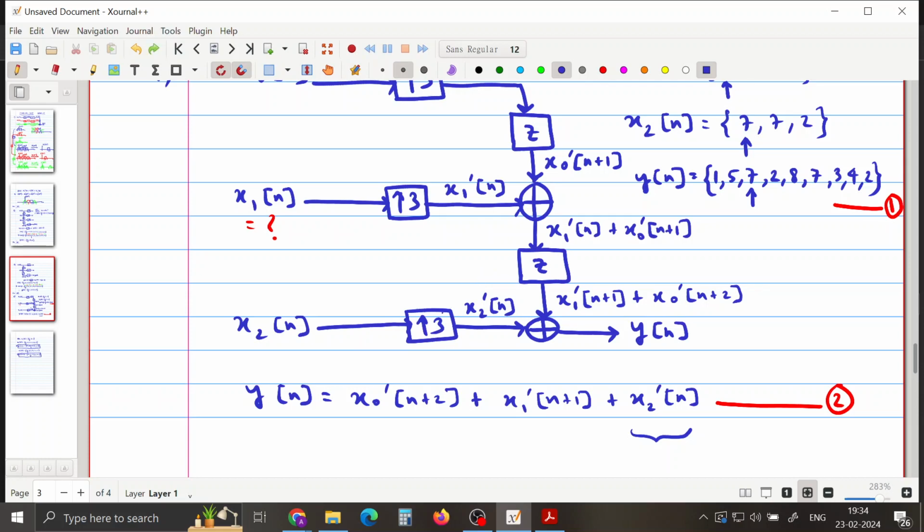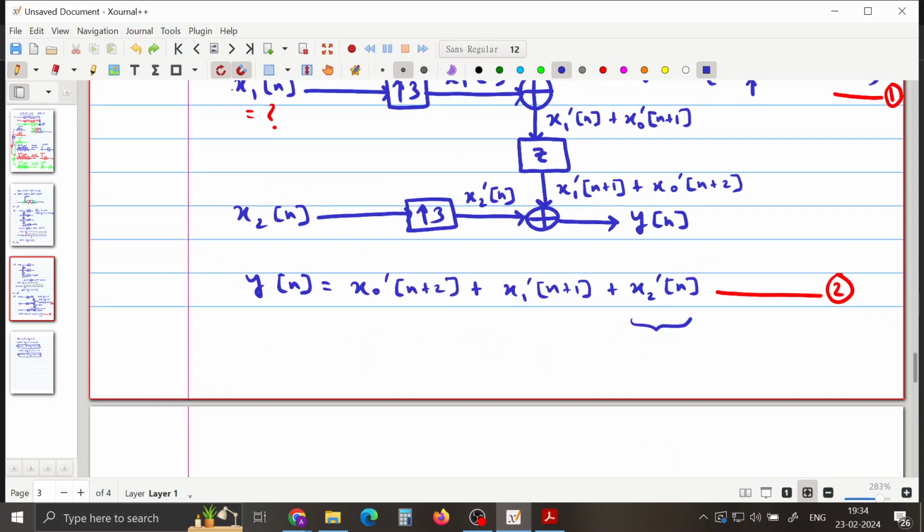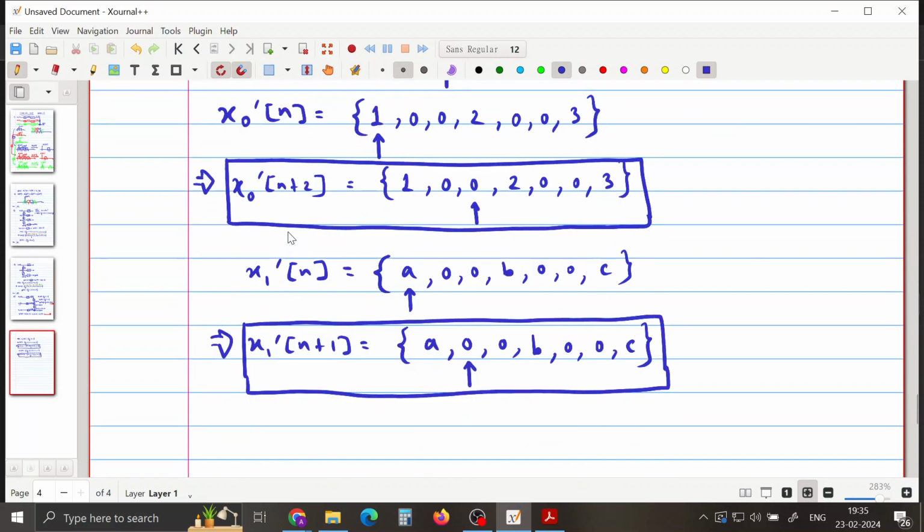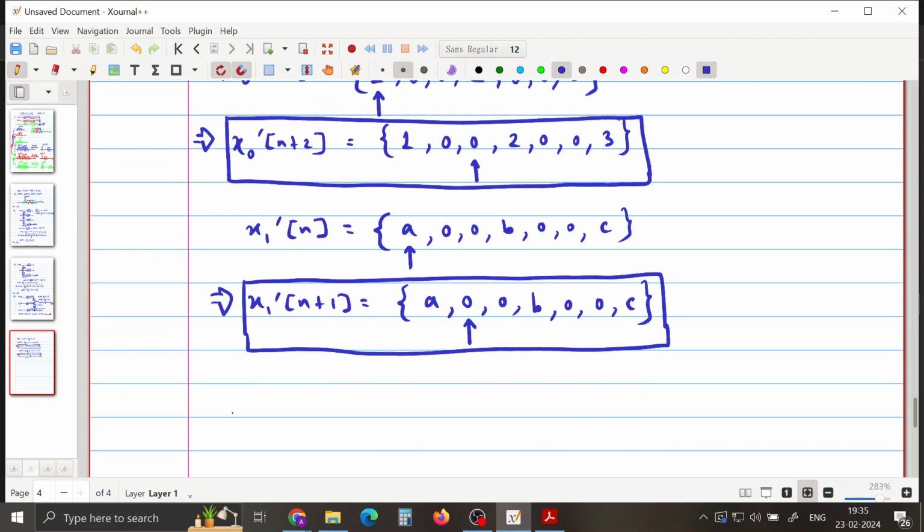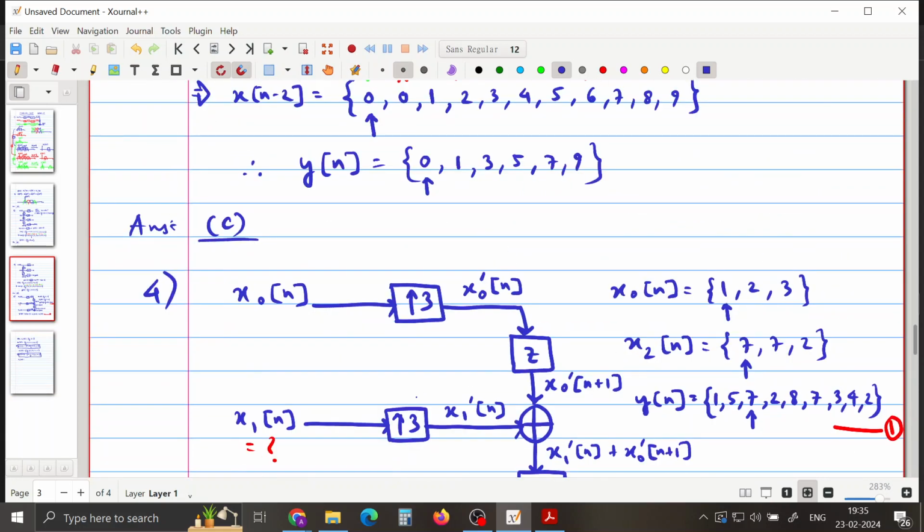So again the same thing, we'll introduce two zeros. x2 of n we know, x2 of n is given in the problem, this here 7 7 2.